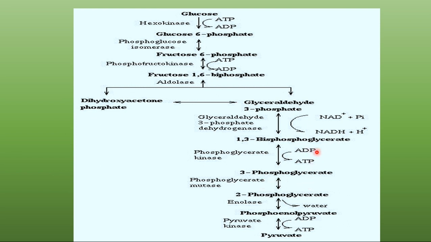That means direct ATP generation occurs here. The high energy phosphate group in this 1,3-bisphosphoglycerate, which has 2 phosphate groups, is given off, and that's how it becomes 3-phosphoglycerate. The phosphate group is transferred to ADP, resulting in the formation of ATP.